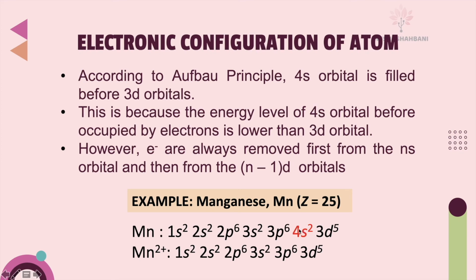That's why if you want to remove an electron, you must remove it from 4s first, because 4s has the highest energy. We remove the electron from the highest energy orbital first.